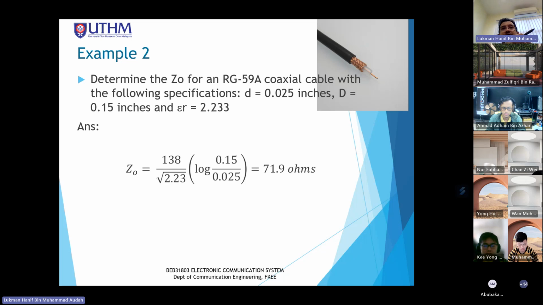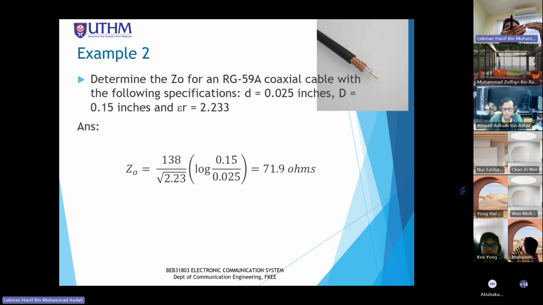I can say that this example is taken from American literature books, where they use inches, feet, miles, and so on. But in the exam later, you will be given SI units. The length will be given in meters. So don't worry.